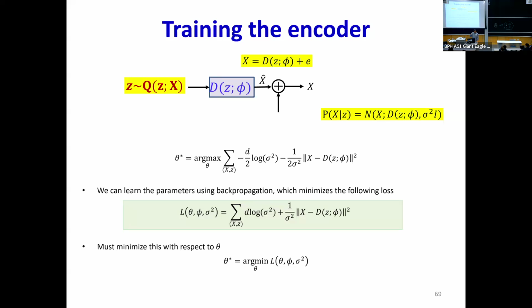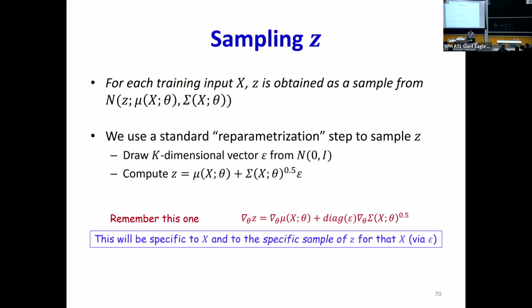So typically what we will do is just sample one z from Q. For each training instance, we're going to compute a z from Q, and ideally you minimize the loss over the entire distribution Q. Instead, we're going to sample a single z from it, and you're going to minimize the loss over that z. And so the z is obtained as a sample from a Gaussian with the mean mu of x and variance sigma of x, which are both functions of encoder parameters theta.